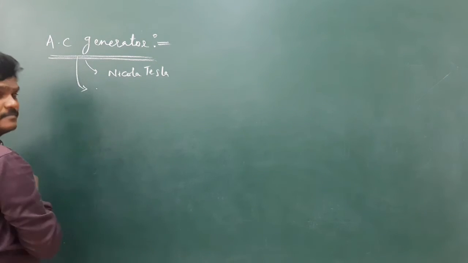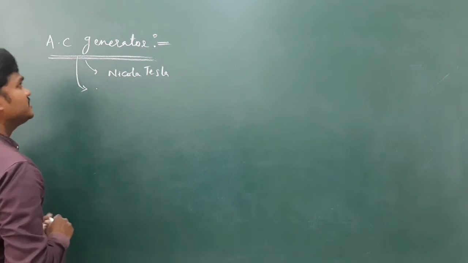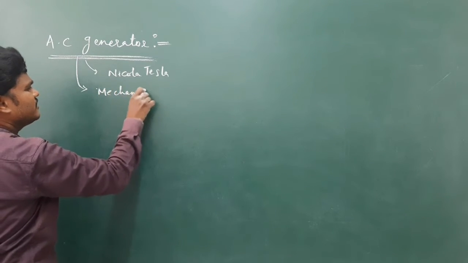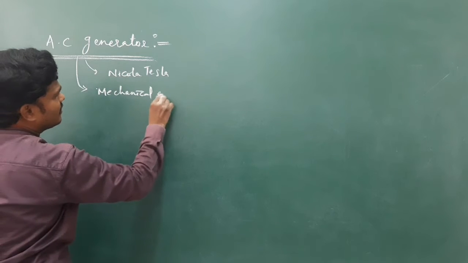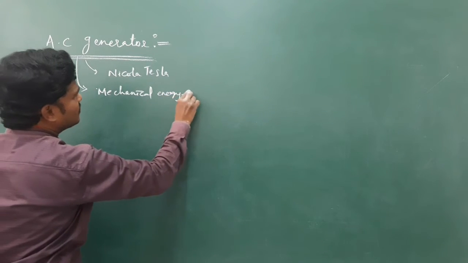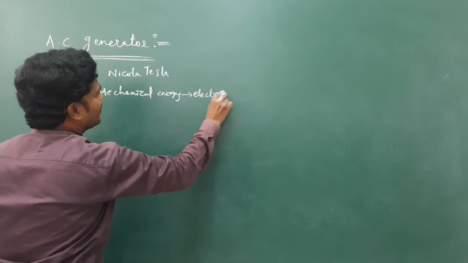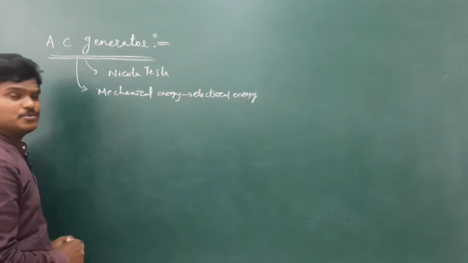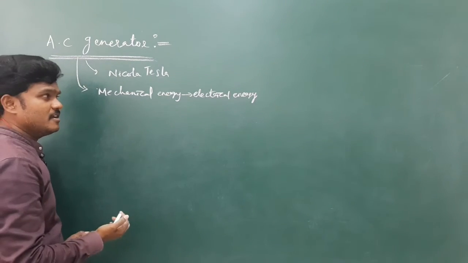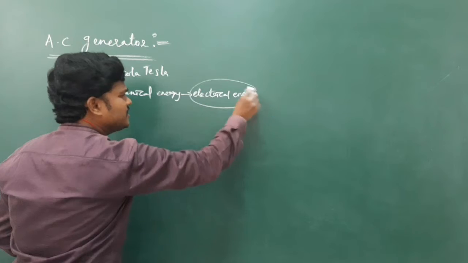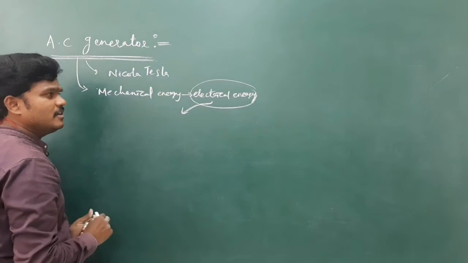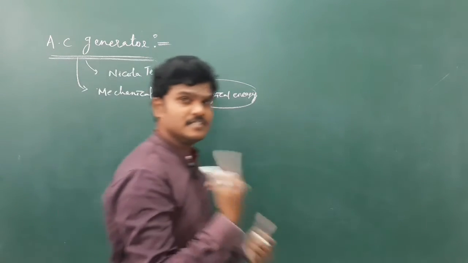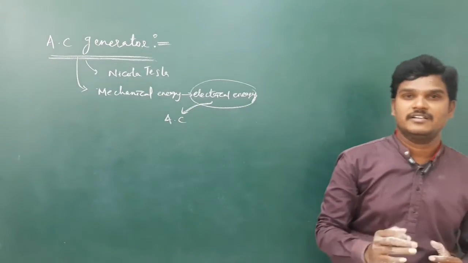This AC generator is used to convert mechanical energy into electrical energy, and no doubt this electrical energy is available in the form of AC. So this electrical energy is in the form of alternating current.